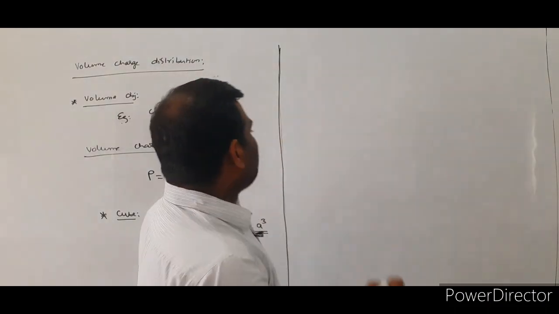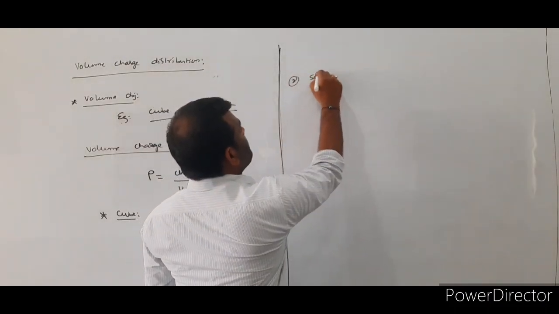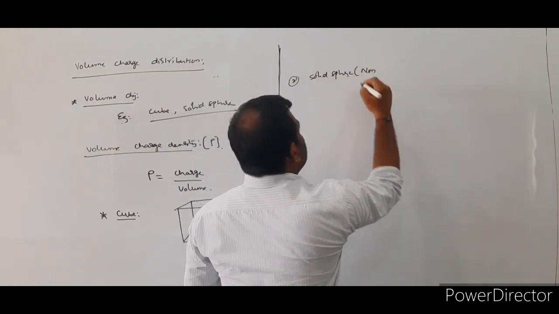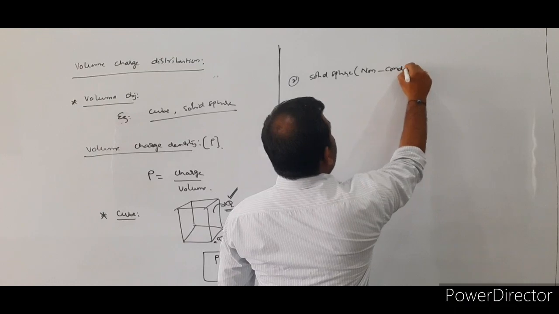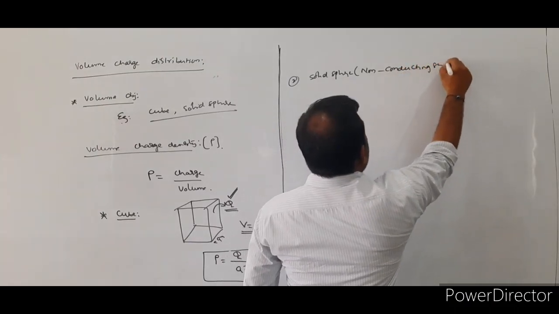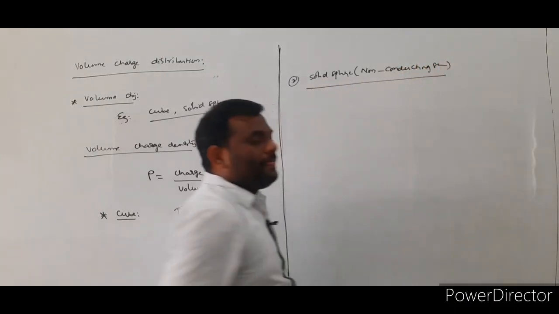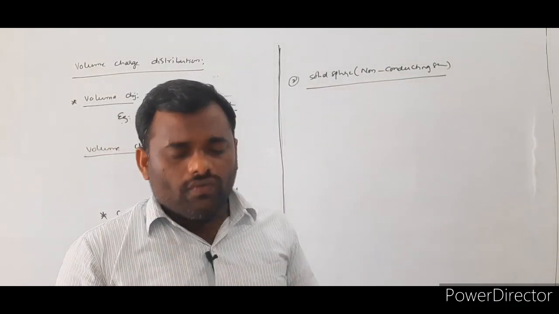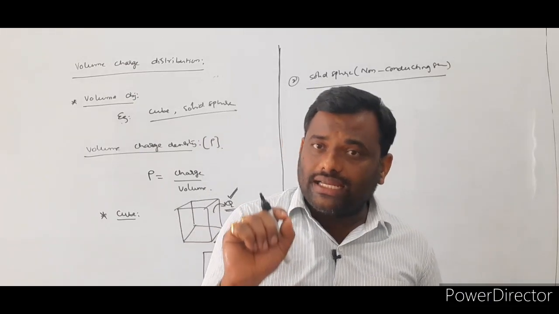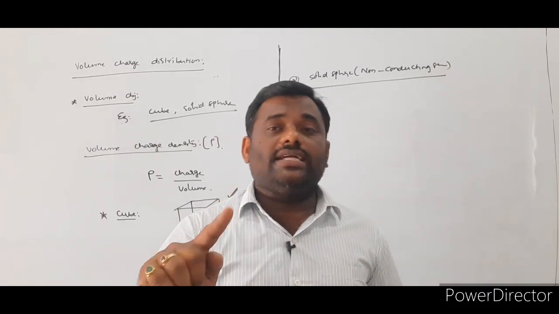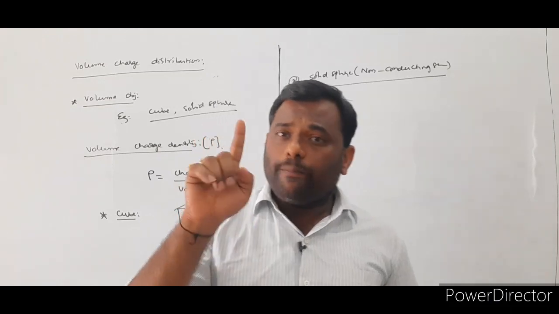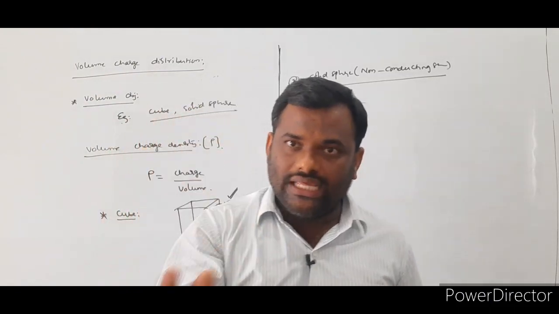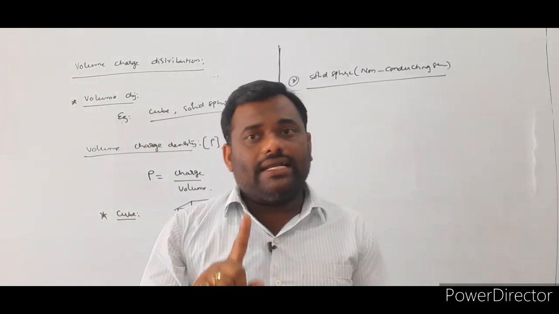I will consider one more example, that is a solid sphere. Usually we call it a non-conducting sphere. In the case of a conducting sphere, whatever charge we give to the conducting sphere, that entire charge must be uniformly distributed over the outer surface only.